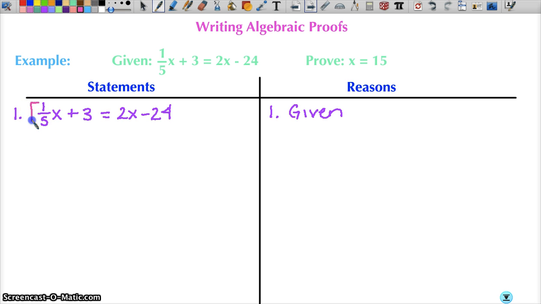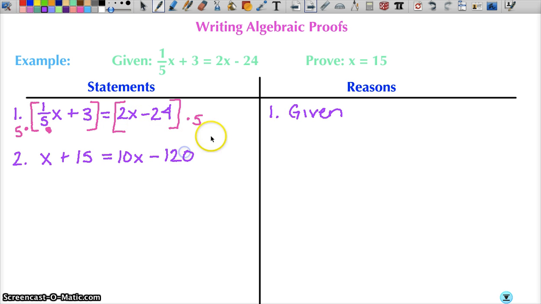If I decide to take all of this and multiply it by 5, and take all of this and multiply it by 5, which I get from the fact that it's the denominator, I would distribute the 5 to 1/5, which gives me 1x, 5 to the 3, which gives me 15, equals 5 times 2x is 10x, and 5 times 24 is a negative 120.